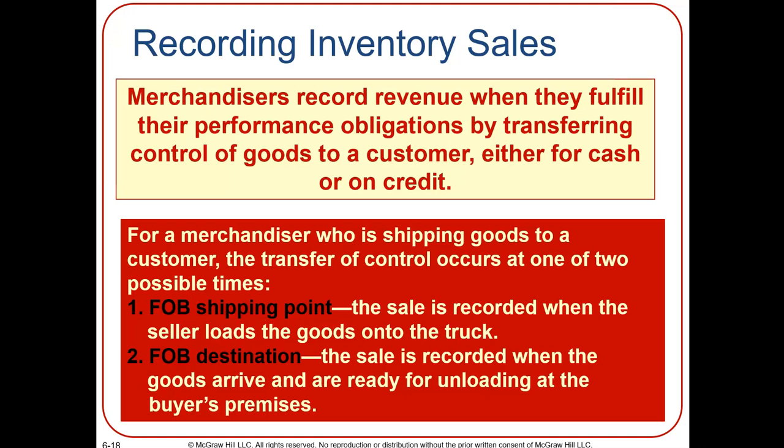So at that point, that's kind of what we're talking about here. All right. So if we're the seller, we're Macy's, and we are doing FOB shipping point, effectively what we've done there is you ship the product to my home. Oh, excuse me.